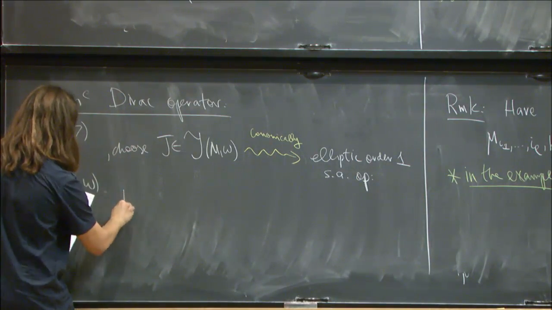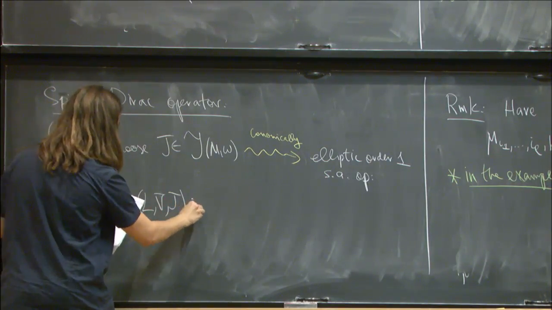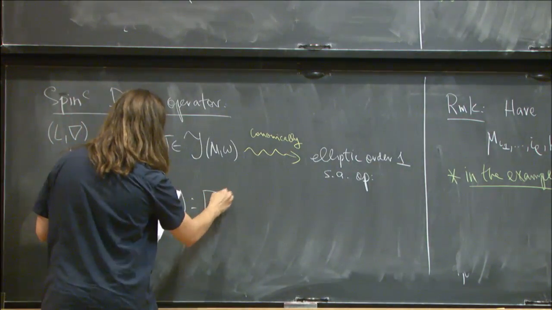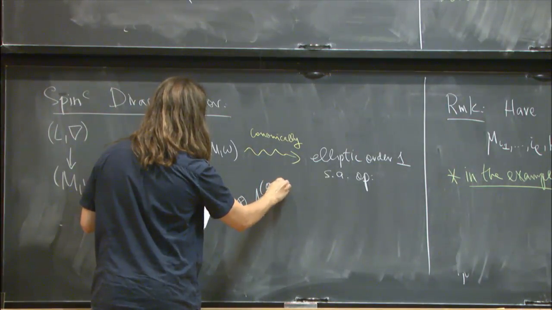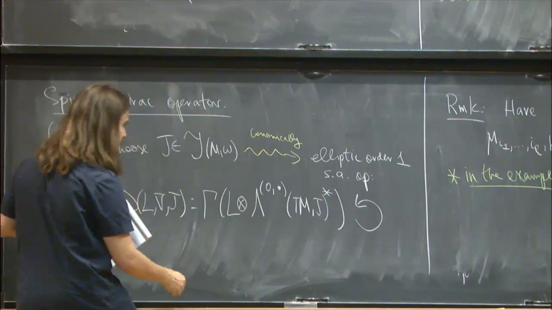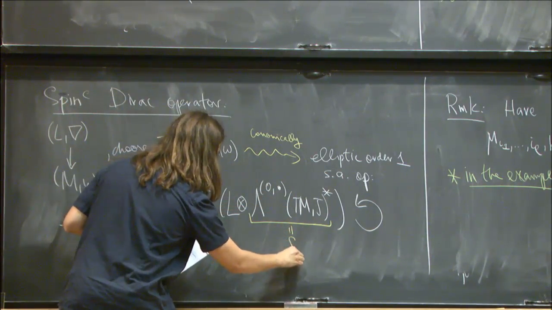And from where to where? So D of (L, nabla, J), you just denote it by D, from sections of the spinor bundle, let me call it S_M, to itself.